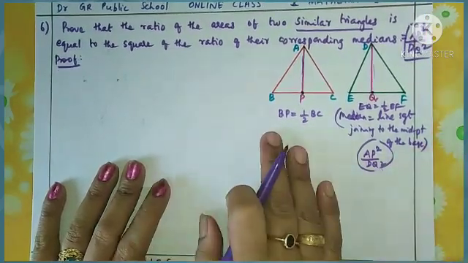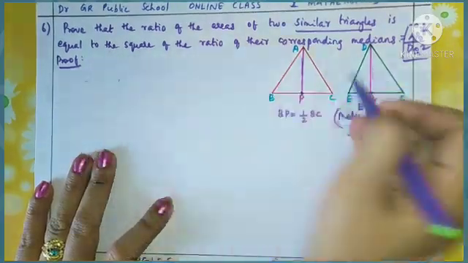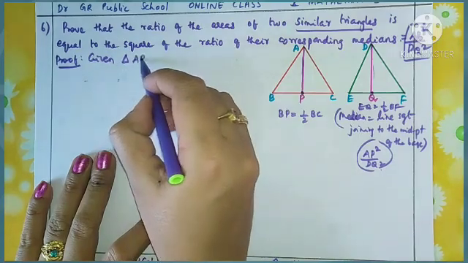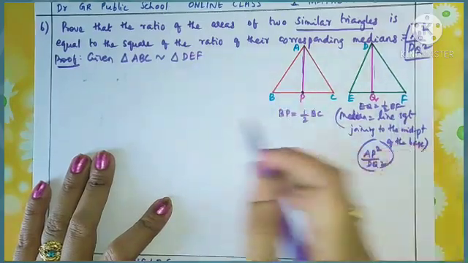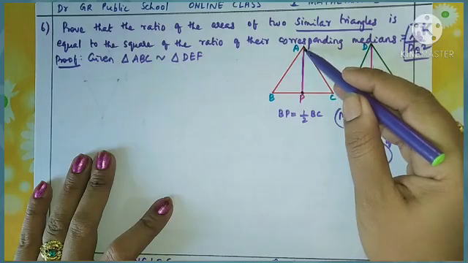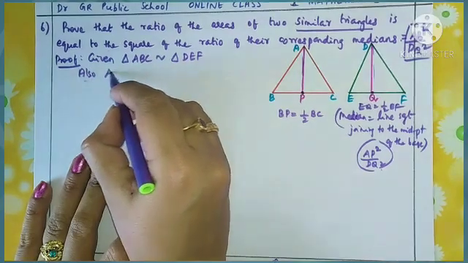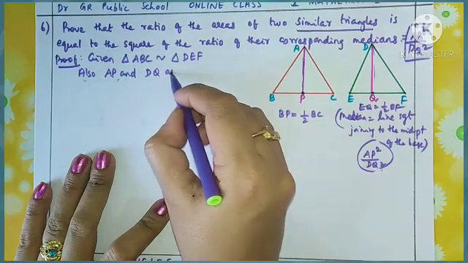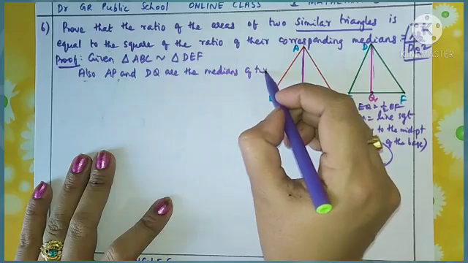Okay, so what are the things given? We can write now. So here given they are two similar triangles, no? Given triangle ABC is similar to triangle DEF. They are similar triangles, and I constructed here AP as the median, here DQ as the median. Also AP and DQ are the medians of the two triangles.